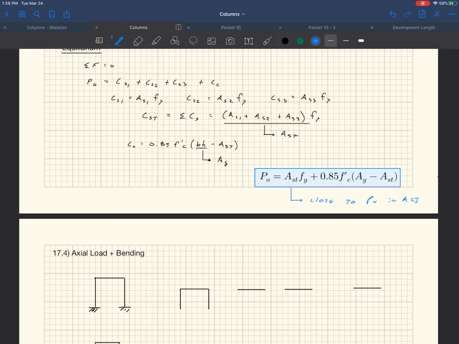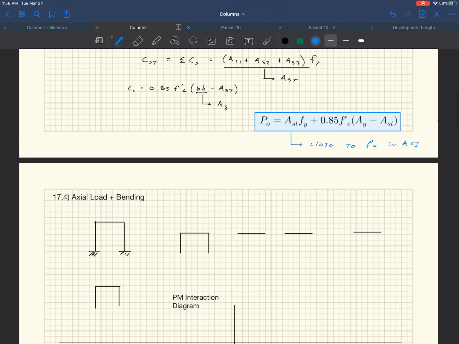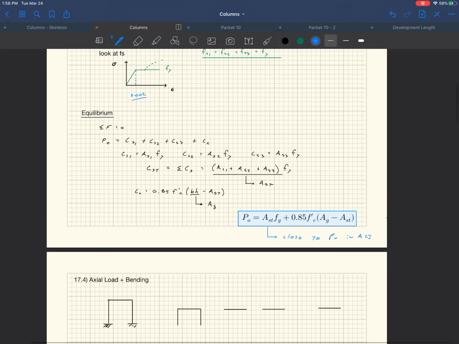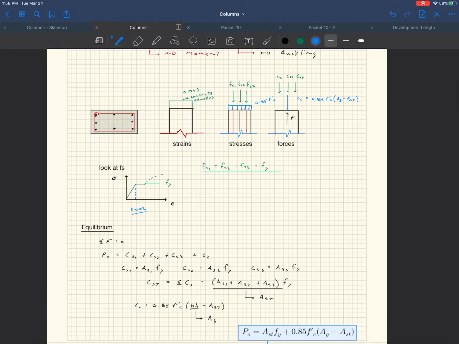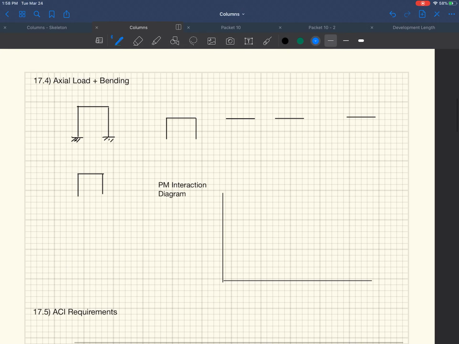This is one of those cases where they actually give you an equation in ACI. Anyways, it's really close to the equation that shows up in ACI. And we'll obviously look at the equation that shows up in ACI in a few minutes. So that's where we stand right now. So that's how we calculate the capacity of a concentrically loaded short column.